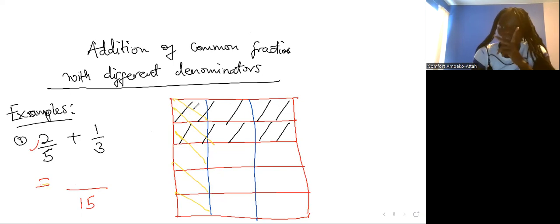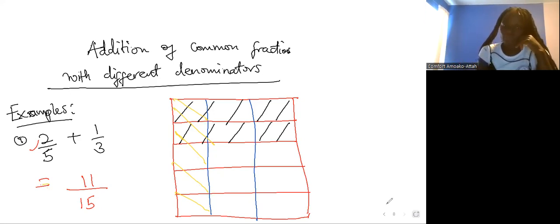This will be counted as 2 because it's double shaded. So 1, 2, 4, 6, 7, 8, 9, 10, 11. So we are getting our final answer as what? 11 out of 15. So this is addition of common fractions with different denominators, right?